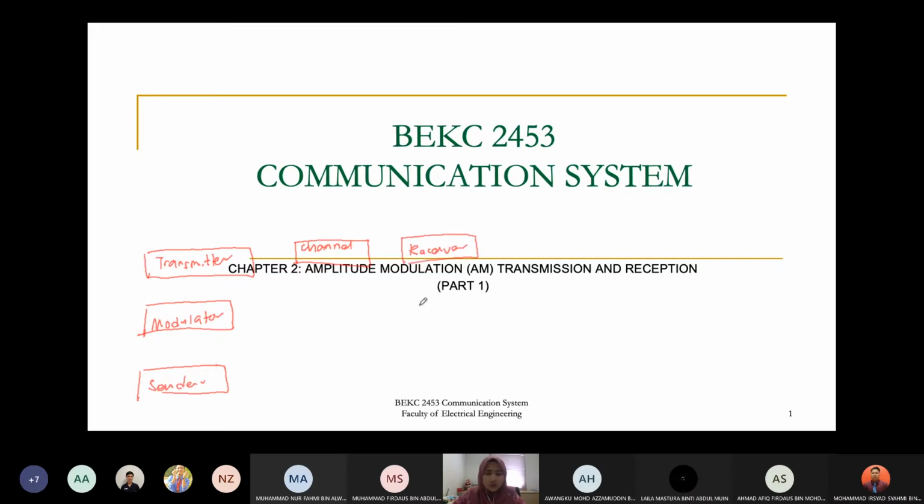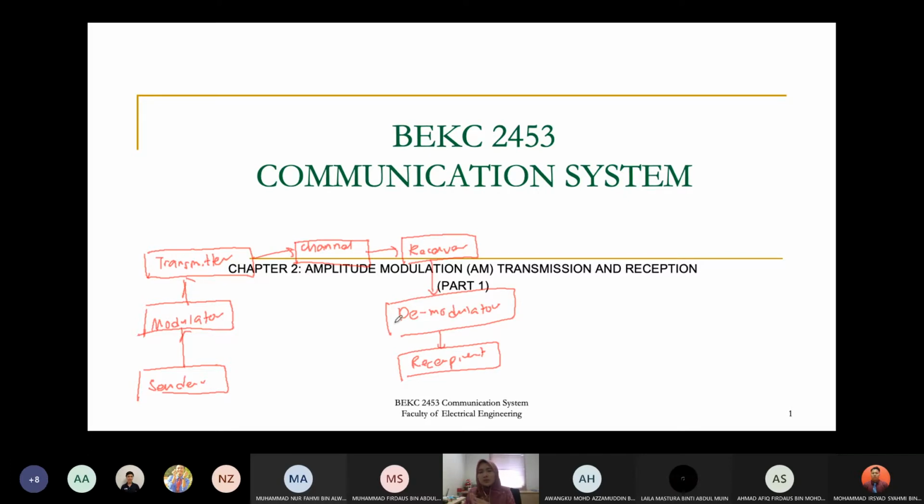And then after the receiver you have the demodulator. After the demodulator you have the recipient. Okay, so this is covered in chapter 1.